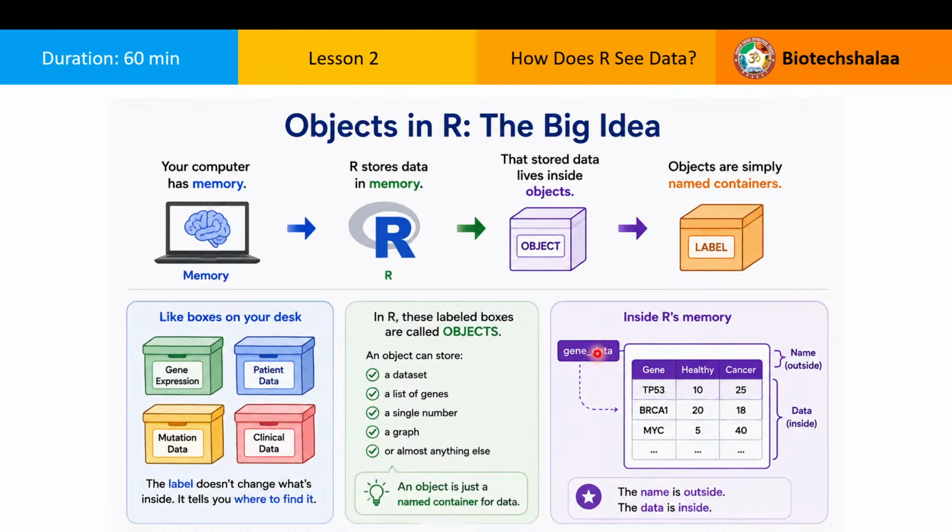So the name is outside and the data is inside, just like a label on a box. Now, why is this important? Who will tell me why this is important? Why are labels important? Or in official terms, why are objects important? Let me know if you understand the concept of objects.